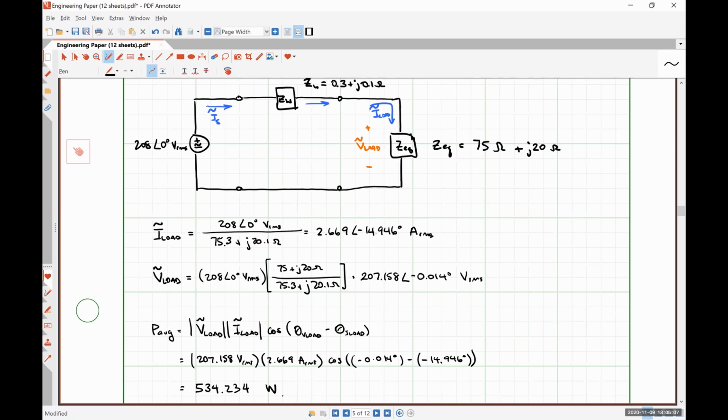How did it feel? Difficult, easy, tedious? Pardon? So that's a great answer. It felt like the same stuff that you have been doing, because it really is. It's literally just taking all of that steady state sinusoidal circuit analysis, taking some of that information and then throwing it into a couple of extra equations.